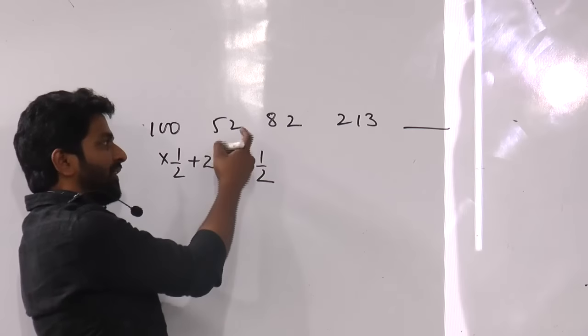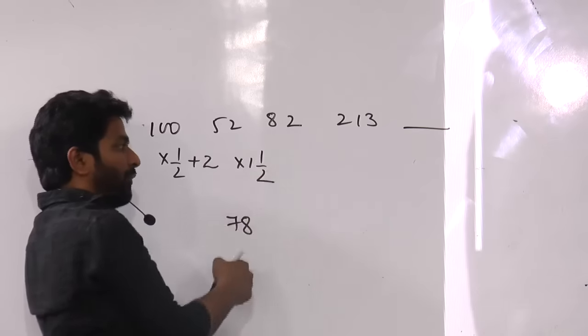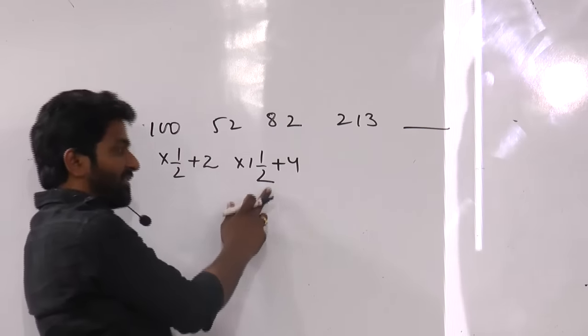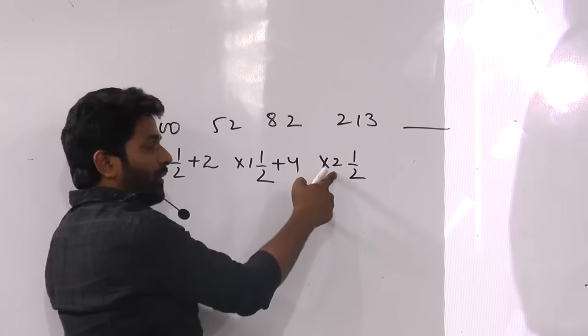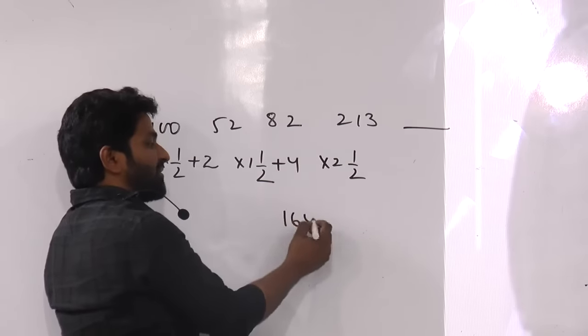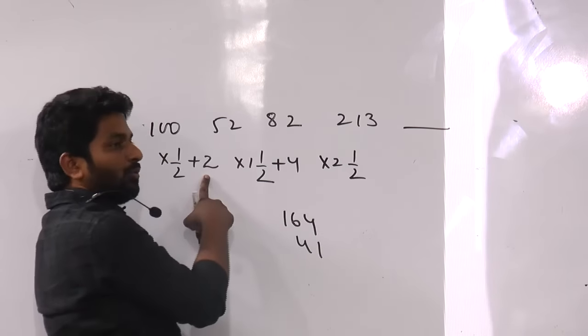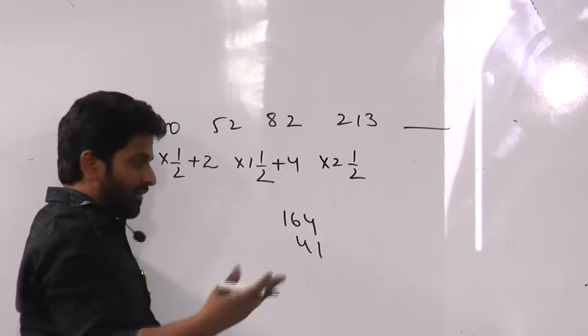Half of this number is 26. If you add 26, this becomes 78, and you have 4 here, plus 4. If it is into half and this is into 1.5, next would be into 2.5. 82 2 times is 164, half of this number is 41. Here you have 2, 4. Next would be 6 or 8. Could be anything.